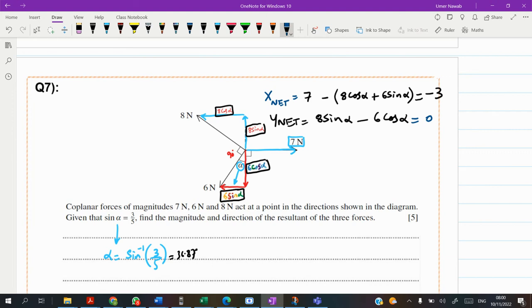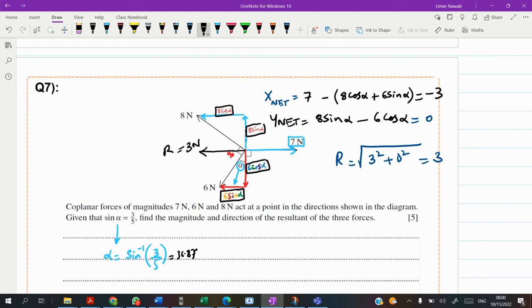If the y net is 0, so resultant will be the same as the x net. So resultant's magnitude, I can write it here, square root of 3 squared plus 0 squared. The answer will be just 3. And resultant is acting in this direction with 3 newtons. This is the opposite direction. Clear?